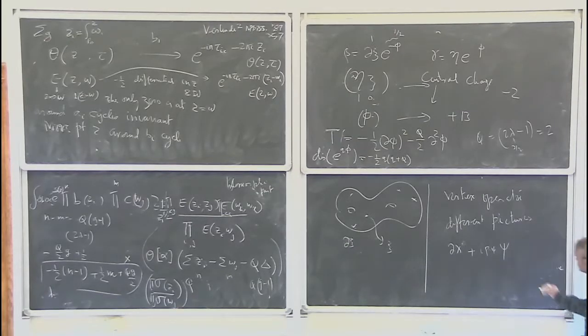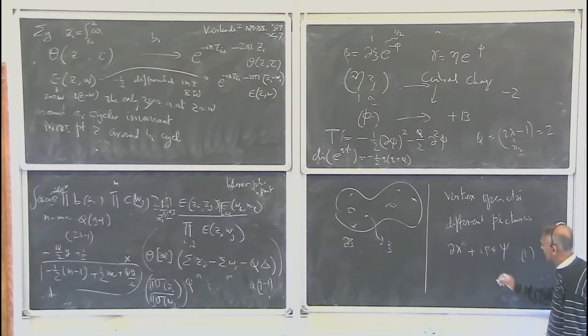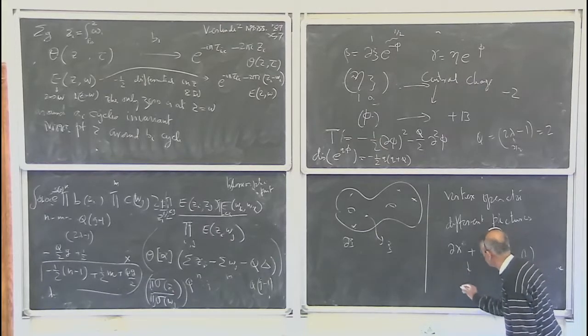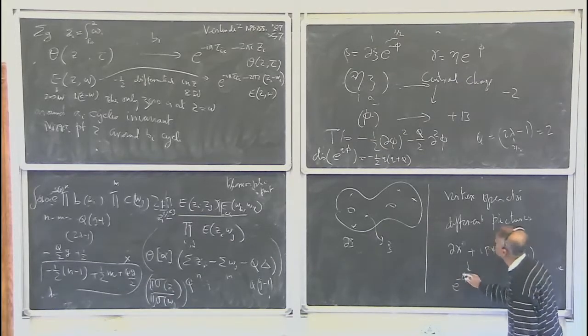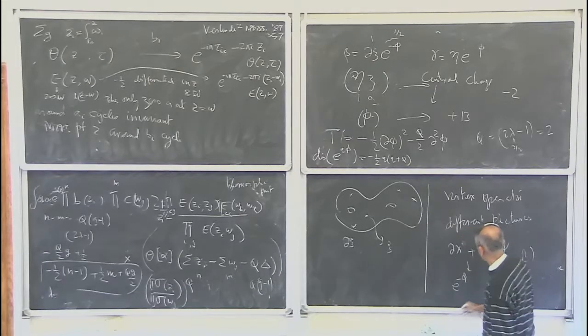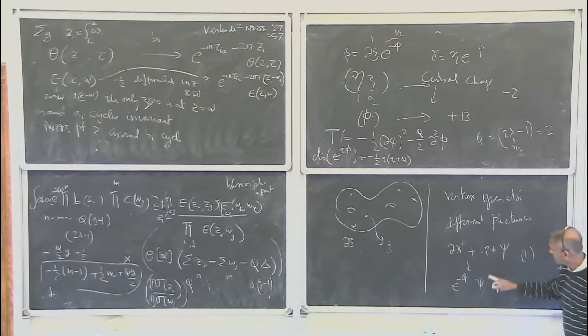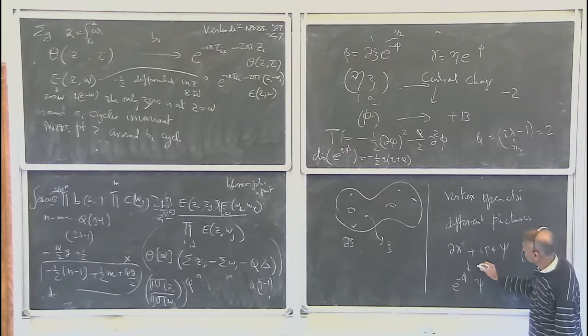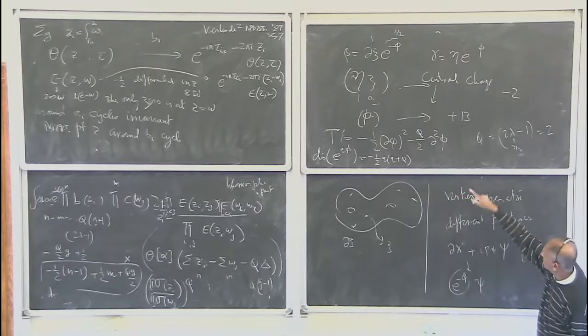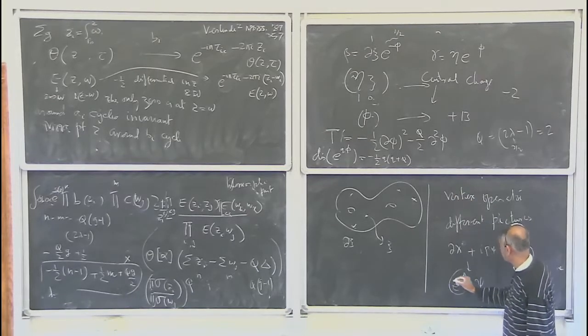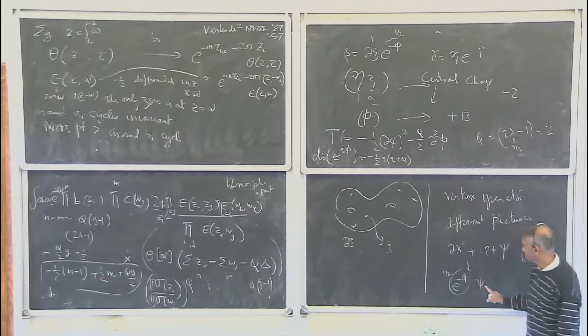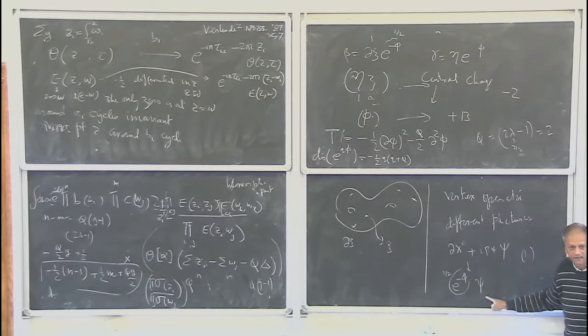This is dimension 1. But then there will be another, -1 picture, which will be like e to the minus phi times psi. That's another version of that. Now one can compute the dimensions of that. If these formulas are right, this should give a dimension 1/2. That has dimension 1/2, so it should be dimension 1.